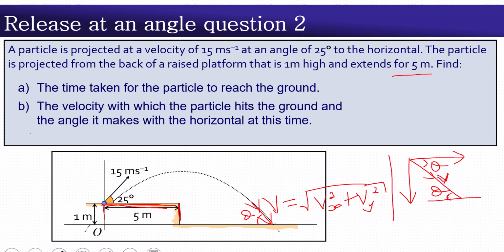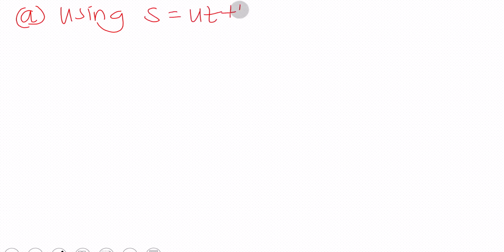And then for part A, the time taken, that one we have already seen how we can calculate it. Let's start with part A and see how we can calculate the time taken. So for part A, we're going to use the second equation of motion, which is s equal to ut plus a half at squared, and we're going to consider vertical motion. Our s is going to be -1.